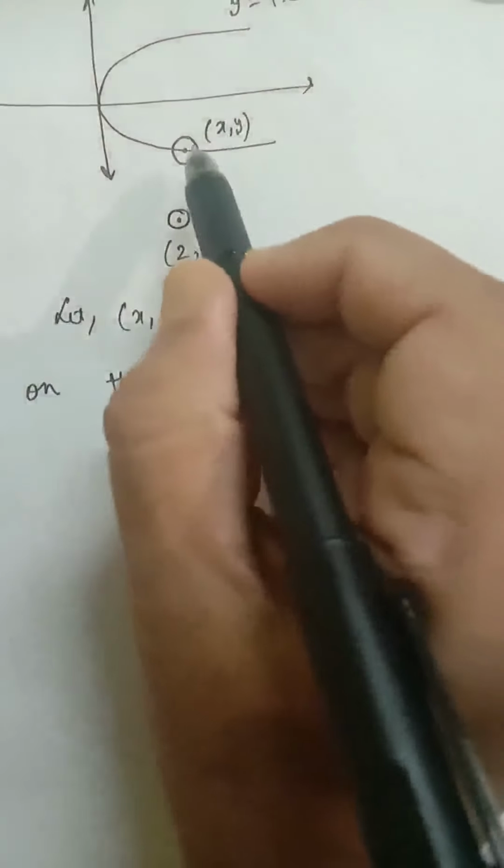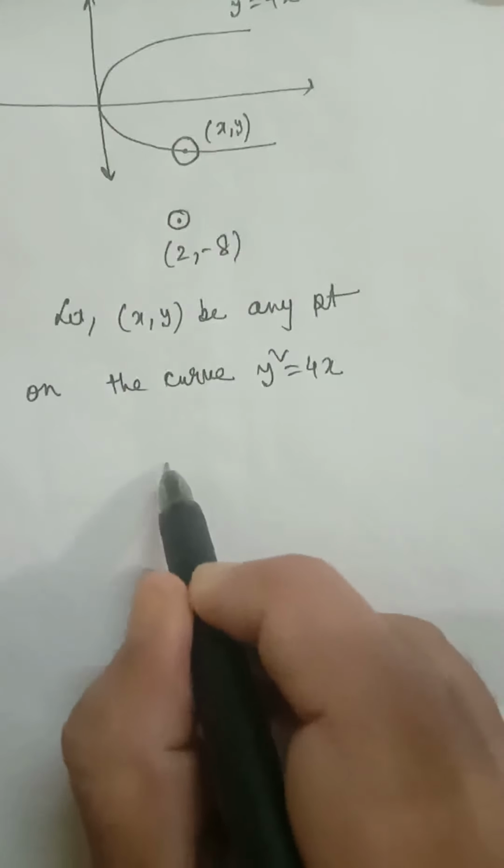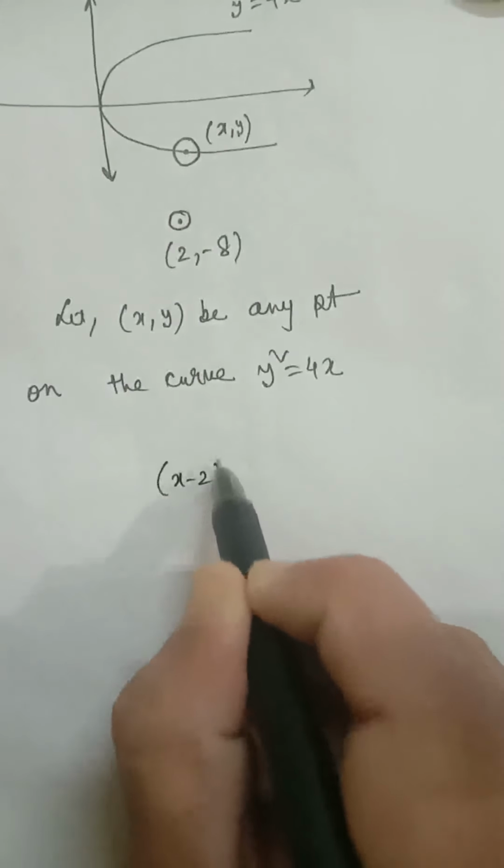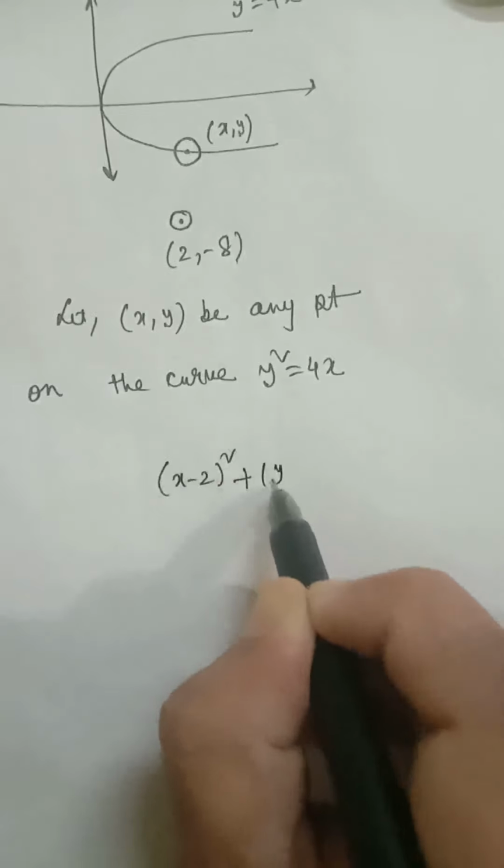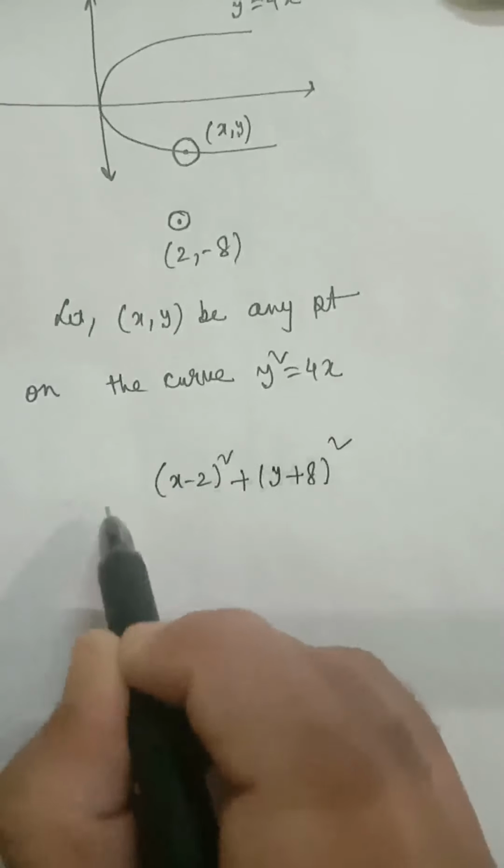Now the distance between these two points is root over (x minus 2) whole square plus (y plus 8) whole square, whole thing under root.